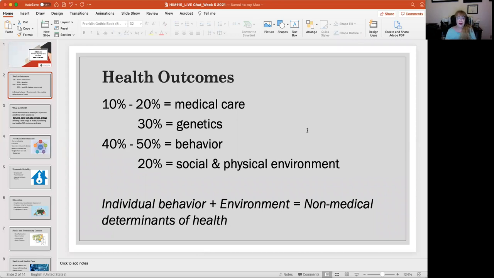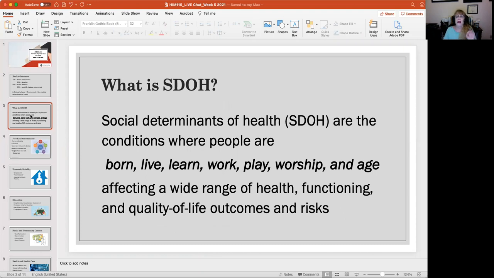And we are finally in the healthcare industry opening our eyes to really investigate what else is involved in a positive patient outcome besides the actual particulars of what goes on in the doctor's office or the hospital. So we are studying SDOH, and that stands for social determinants of health.